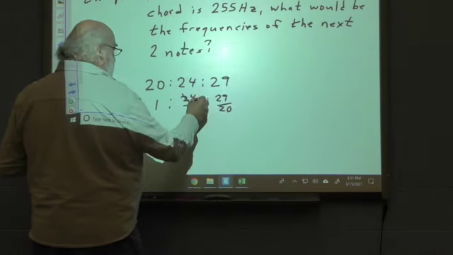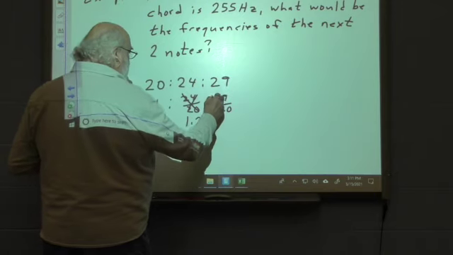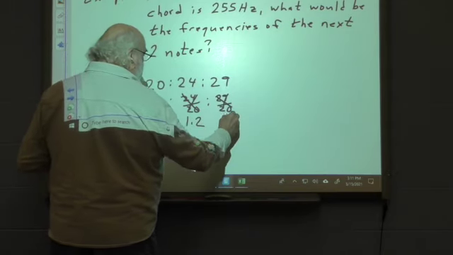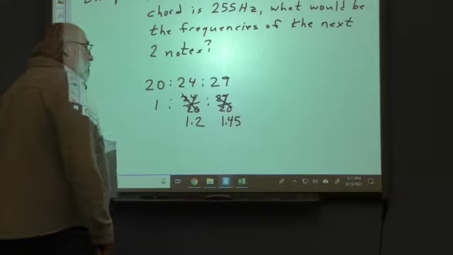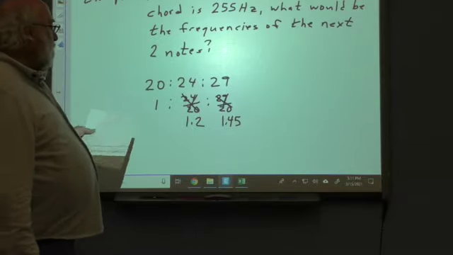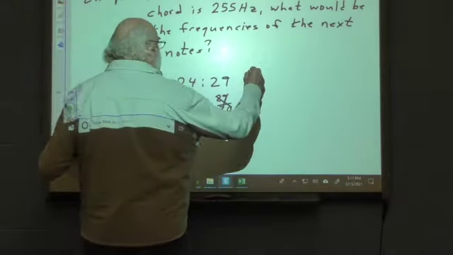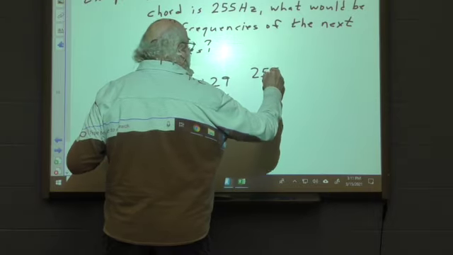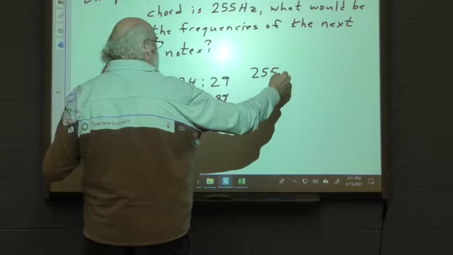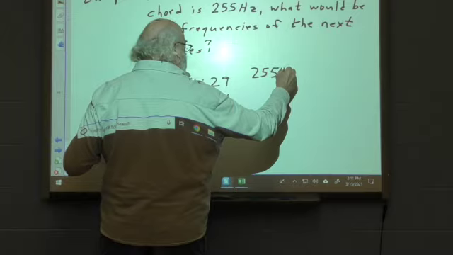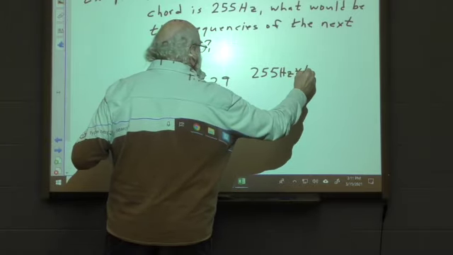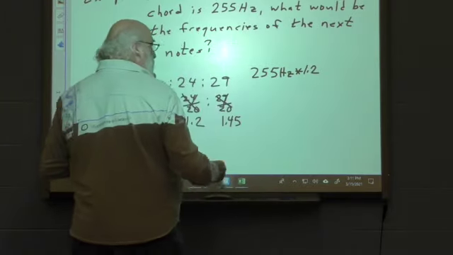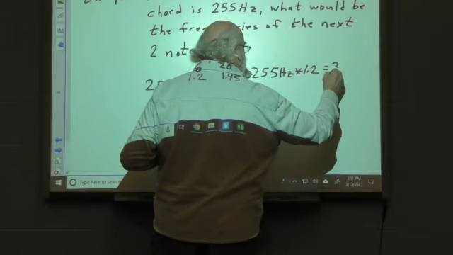And this can be brought down to 1.2, and this can be changed to 1.45. So we take 255. The first one will be, of course, 255 hertz, but the one after that is 255 hertz times 1.2, and that's going to give us 306 hertz.